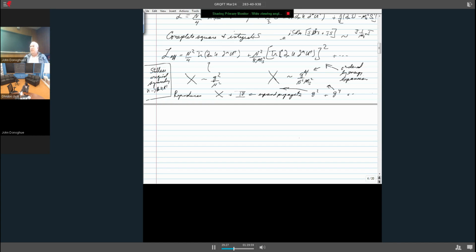The only other thing I should point out, and I don't have much room to do this, is that it's actually not important for the effective field theory, but we can still see the original symmetry. And this was U goes to L U R dagger. So the symmetry is preserved.